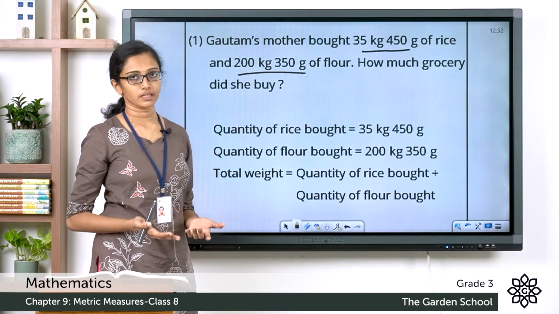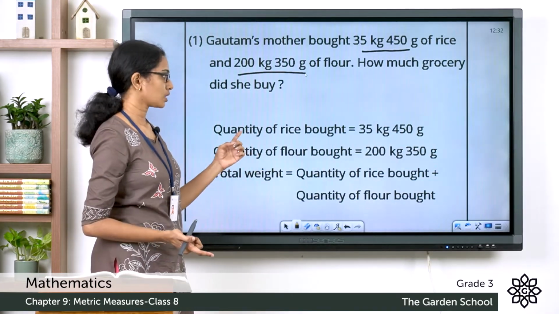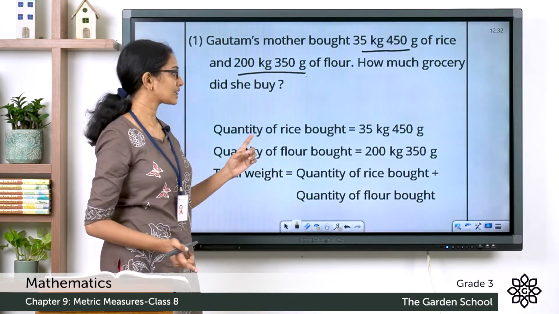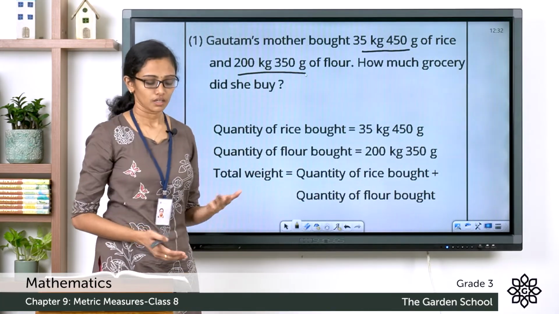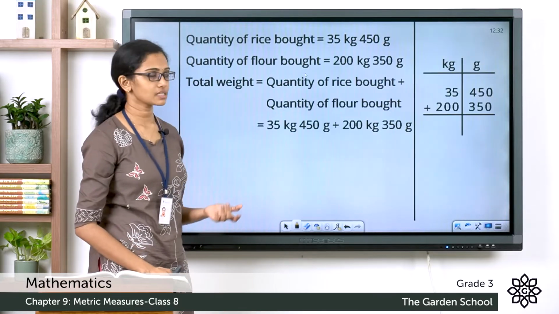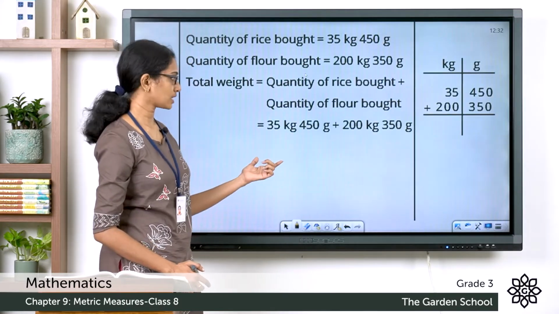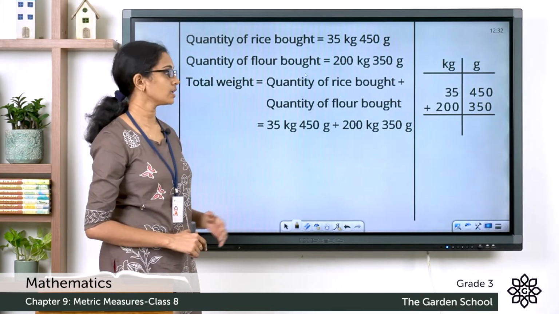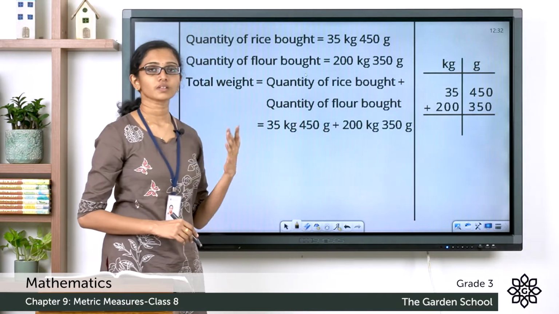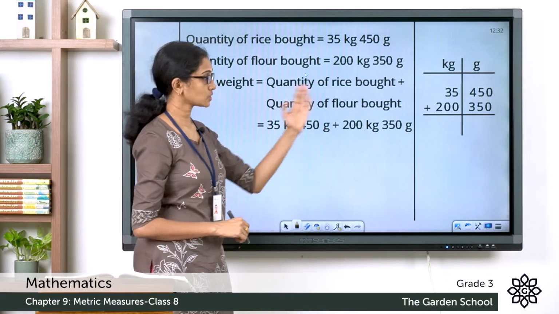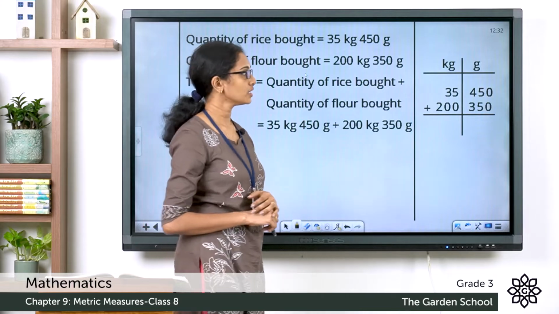Now the total weight of the grocery would be equal to the quantity of rice bought plus the quantity of flour bought. Substituting the measurements, we get 35 kilogram, 450 gram plus 200 kilogram, 350 gram. In the working column, let's do the addition.